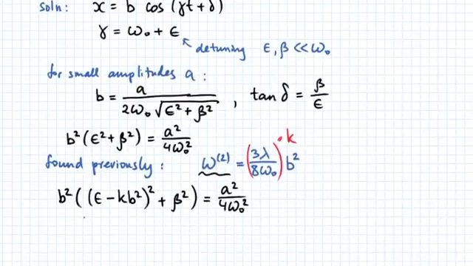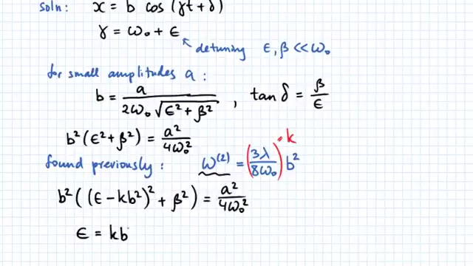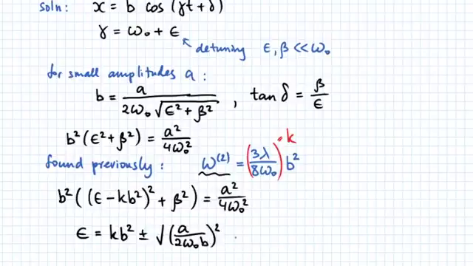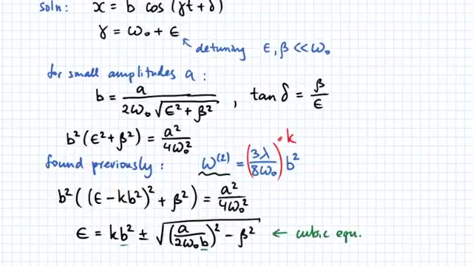We can rewrite this in terms of epsilon, solve for epsilon, and we will have K B squared plus or minus square root of coefficient A divided by 2 omega naught B, all of it squared, minus beta squared. Note that we obtained an equation which happens to be cubic in B squared. Real roots of this equation will give us the amplitude of oscillations.